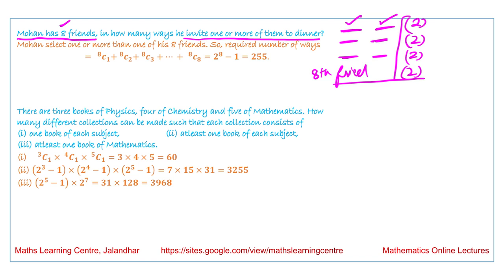So the total number of options we have is the product of all these terms. So it is 2 into 2 into 2, and so on up to 8 terms, so it is 2 raised to the power 8. But in this count we have a case when none of them is being invited.